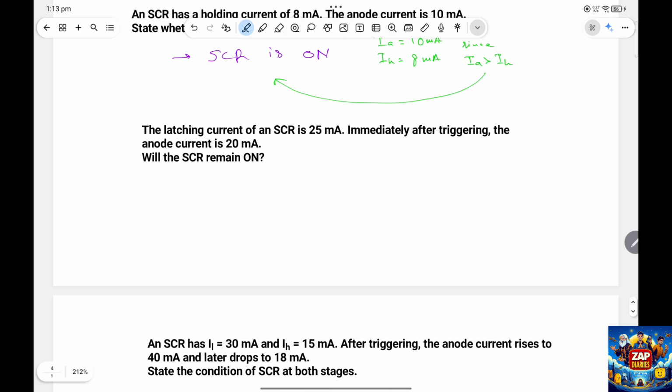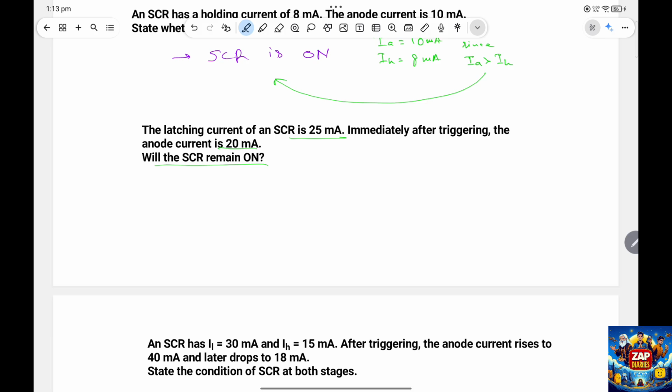Then coming to the next, here the question says the latching current of an SCR is 25 milliamps. Immediately after triggering, the anode current is 20 milliamps. Will the SCR remain on? This is a very basic question as well.